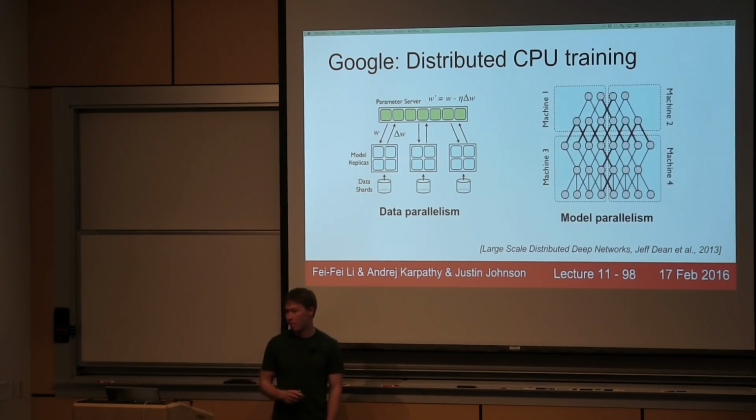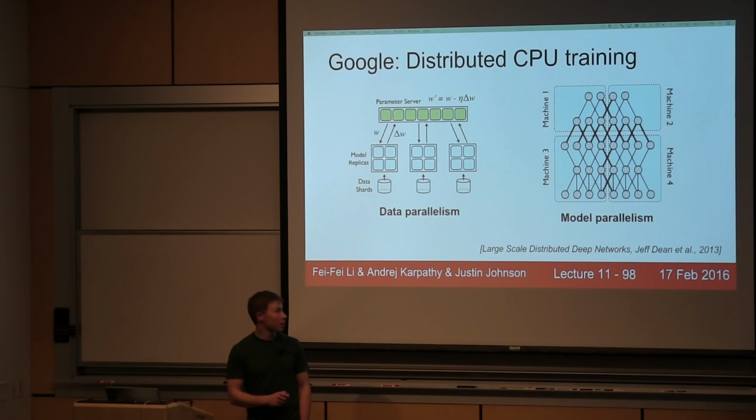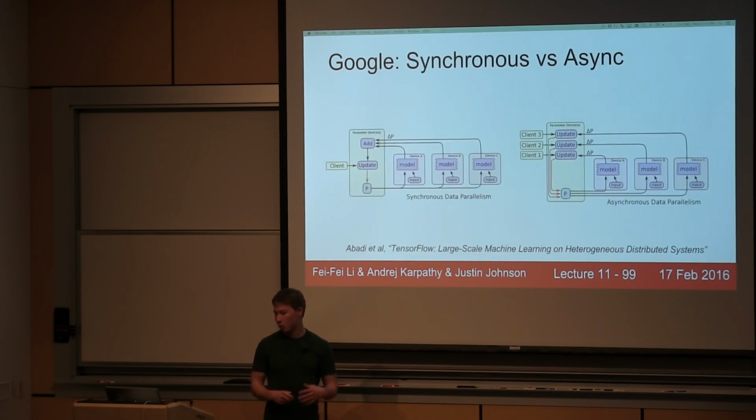They contrast this with model parallelism, where you have one big model and different workers computing different parts of the model. In DistBelief, they did a really good job optimizing this to work across many, many CPUs and many, many machines. But now they have TensorFlow, which hopefully should do these things more automatically.